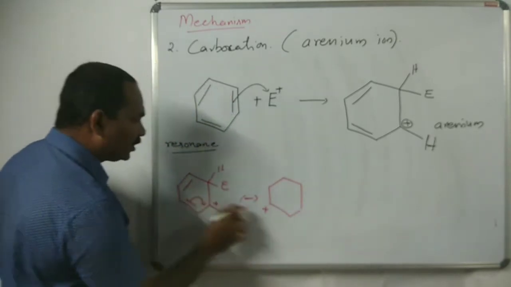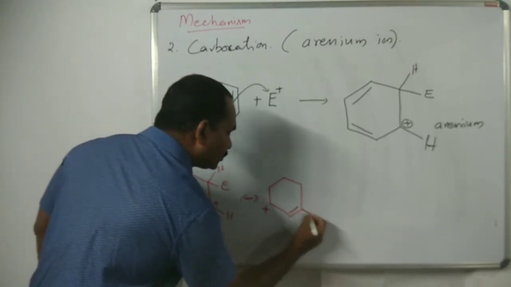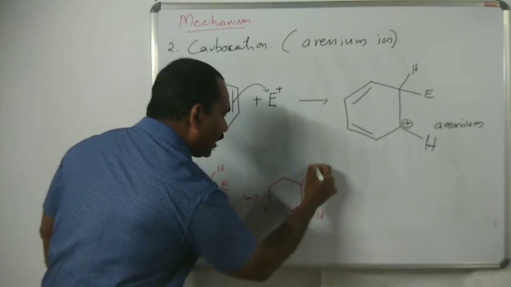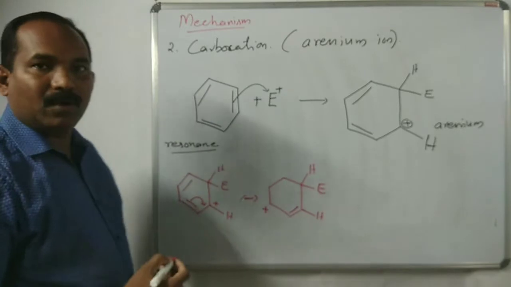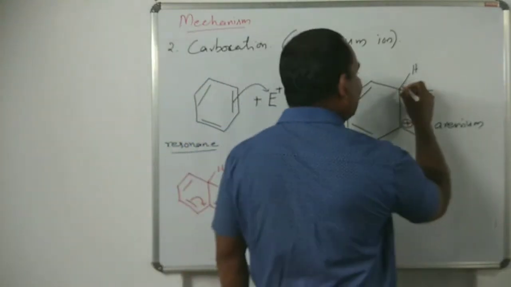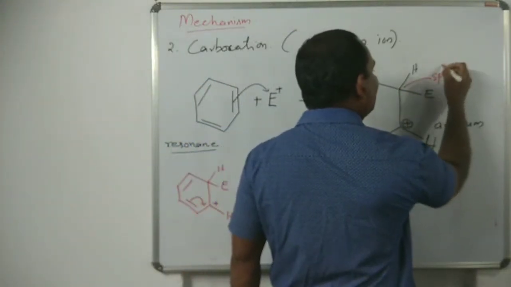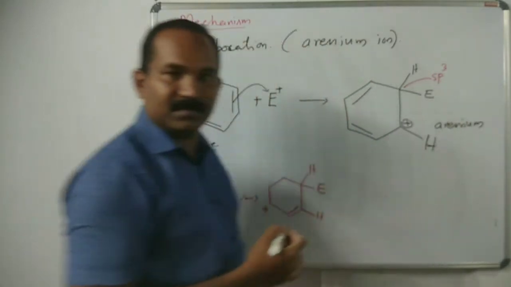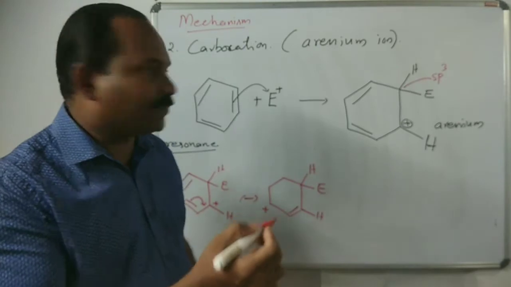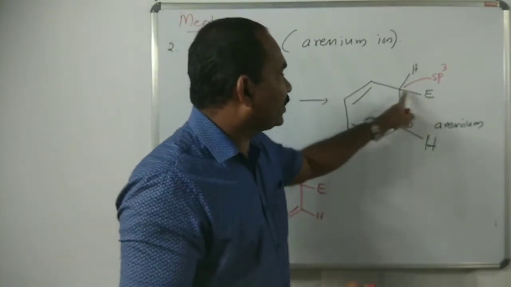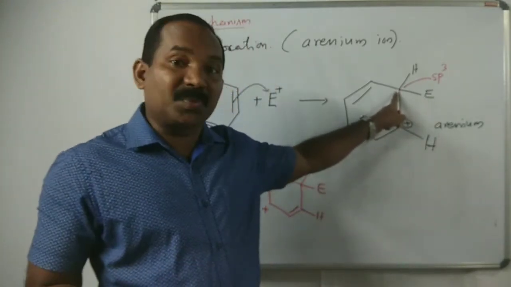Positive charge comes here. And a double bond comes, hydrogen, hydrogen, electrophile. And one more thing you understand, that this carbon becomes sp3 hybridized. Okay, after the attack of the electrophile, the electrophile-attached carbon atom is sp3 hybridized.